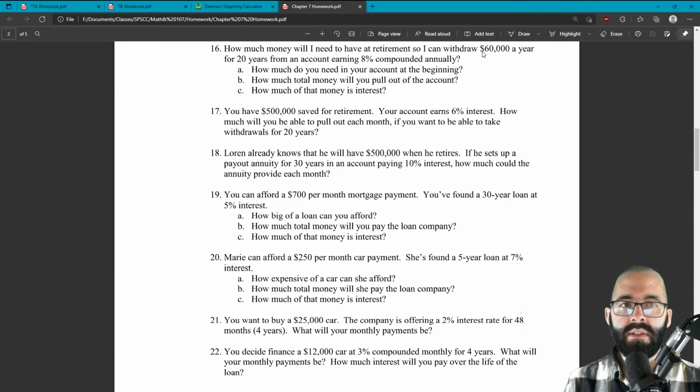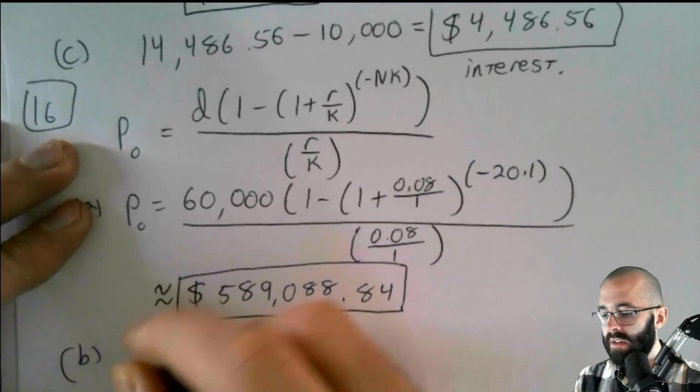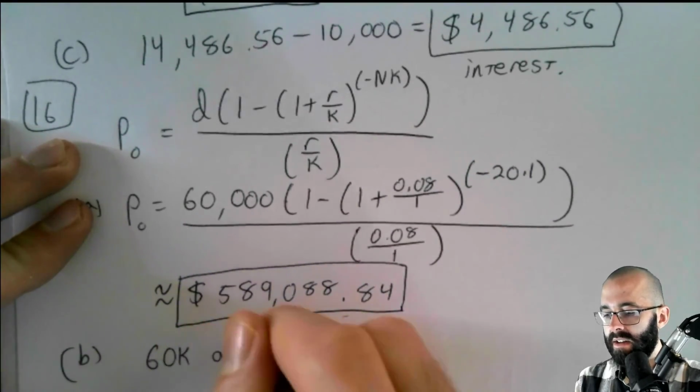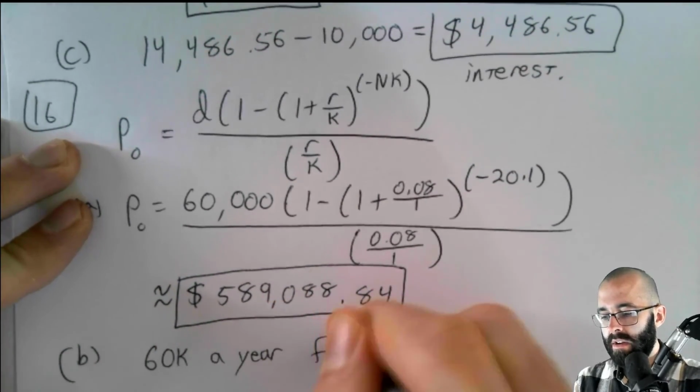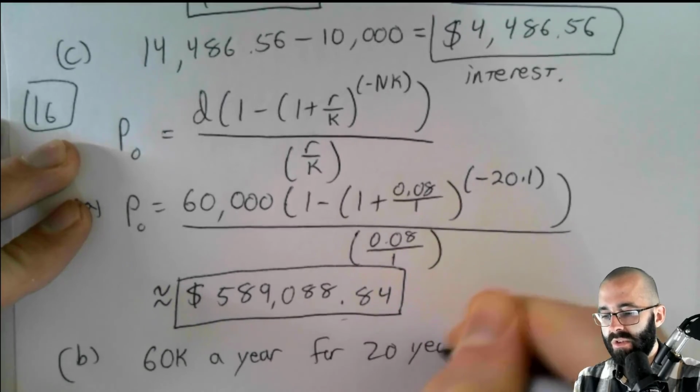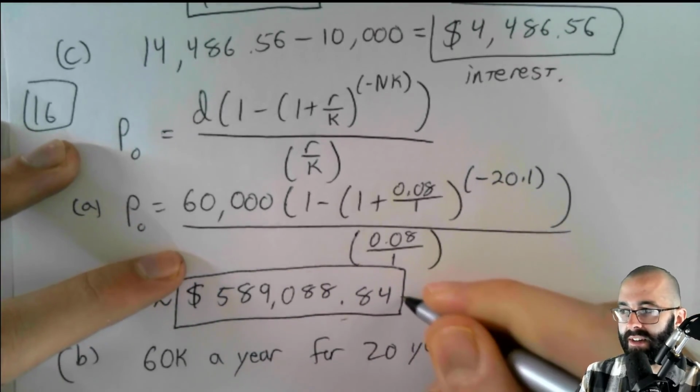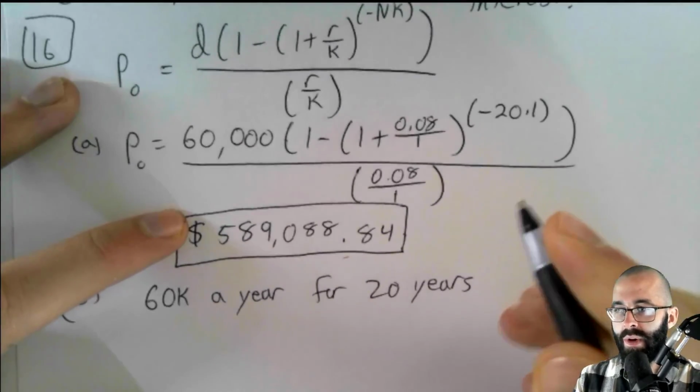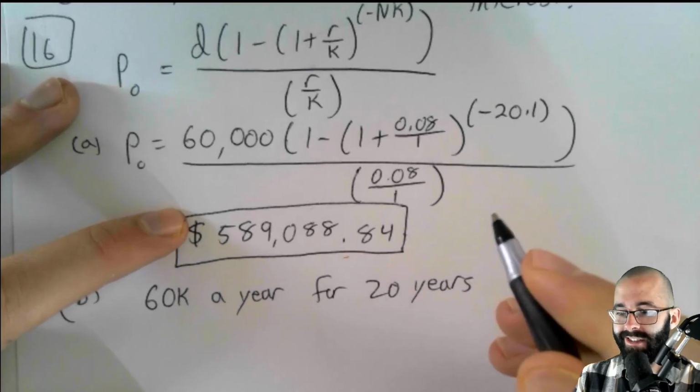Well, 60K a year for 20 years is how much we took out. This is how much we've withdrawn. This is how much was in it at the start, but this is why we invest it.